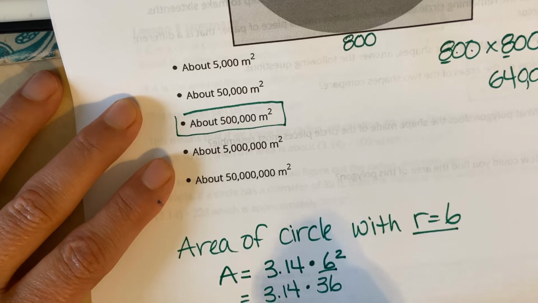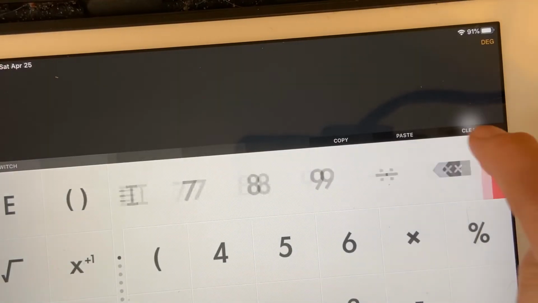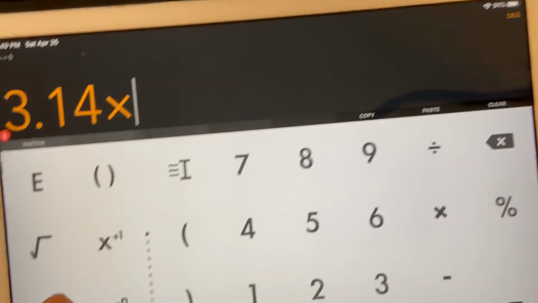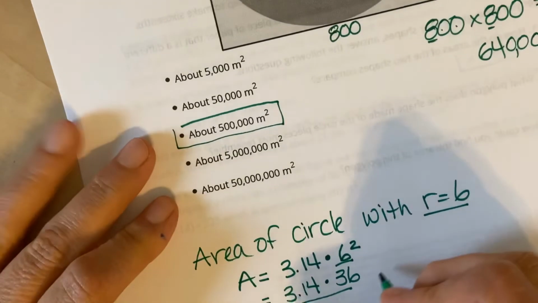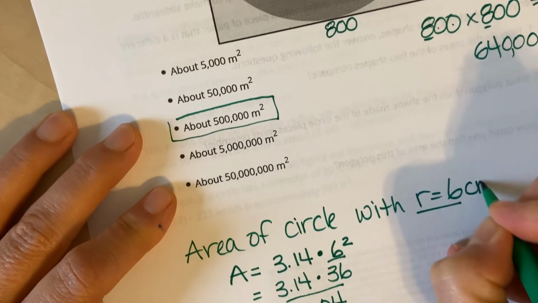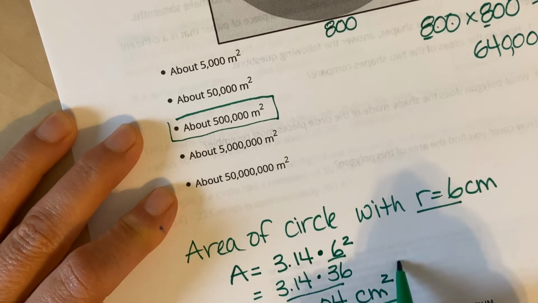So I would do that first, then I would do the 3.14 times 36, which we're going to do right here, times 36, and I get 113.04. Let's say it was centimeters. I forgot to put a unit. That would be centimeters squared because all area is in squared units.